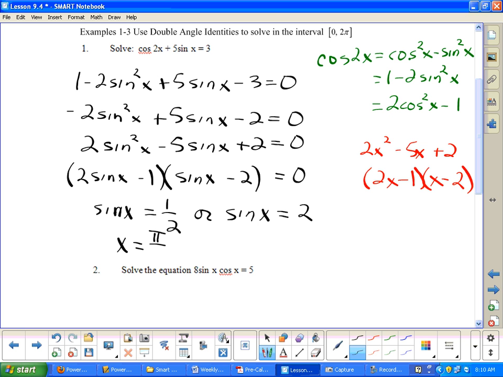Pi over 6 and 5 pi over 6. When does sine equal 2? What's the largest sine can equal? 1. So sine never equals 2, so there's no solution for that part.